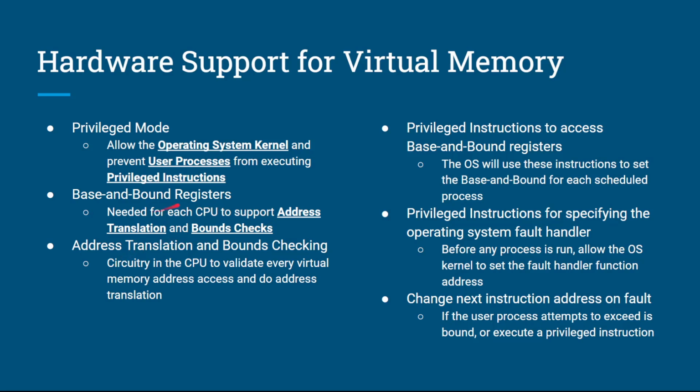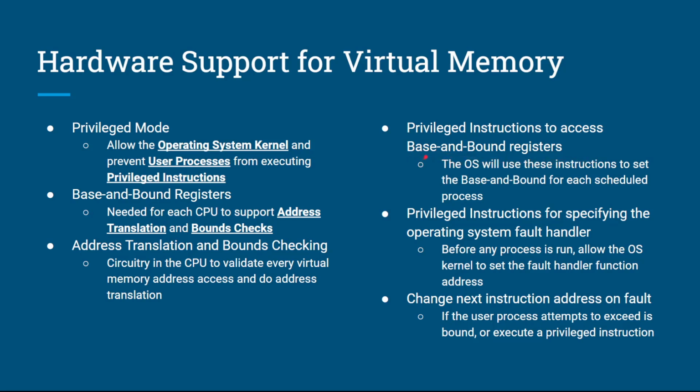So, if we have the base and bound registers, now we need hardware that does the address translation and bound checking, which is special circuitry in the CPU that will validate every virtual memory address, and then perform the addition to do the address translation. Again, very quick operations, very simple circuitry to perform this within the CPU. We also need hardware to actually change the base and bound registers.